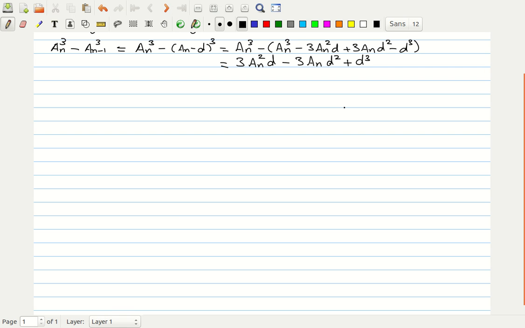Now I want you to remember this expression. We have already seen that we can write an cube minus a(n minus 1) cube is equal to 3 times an square d minus 3 times an d square plus d cube.